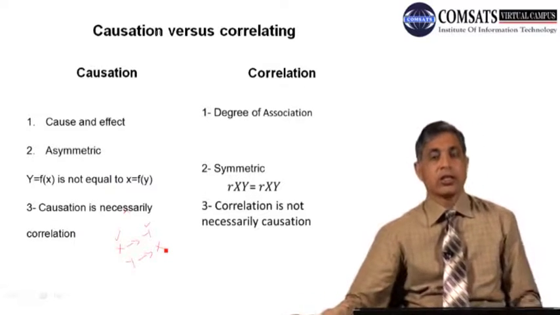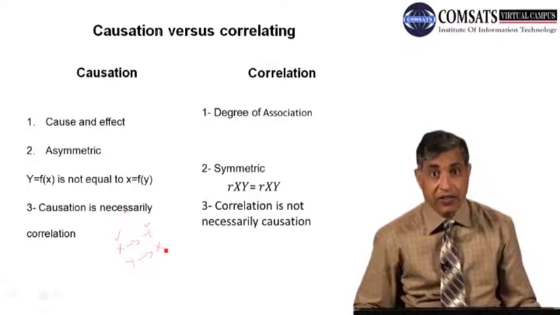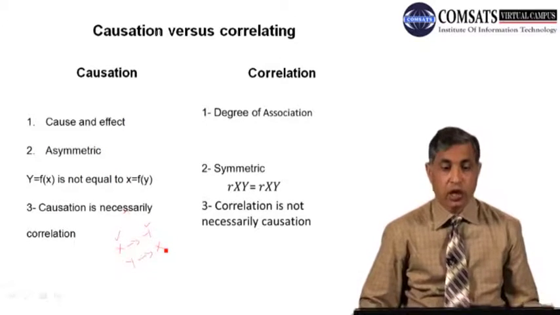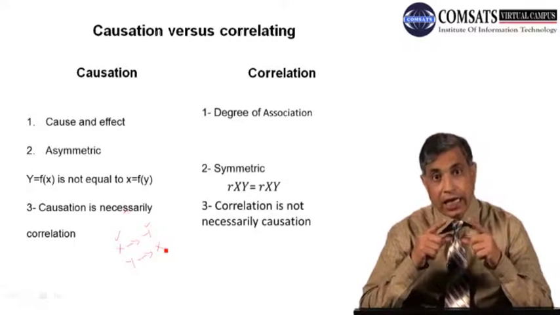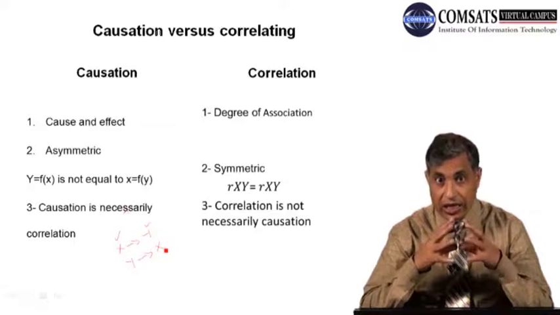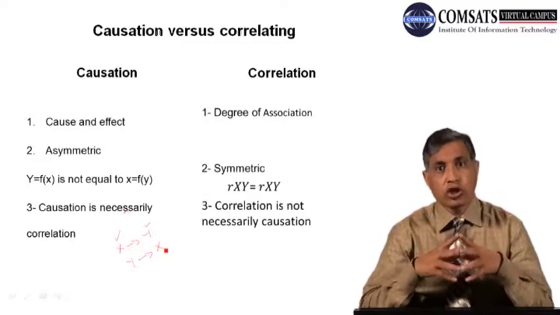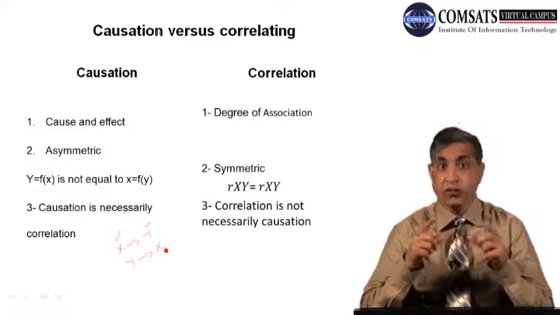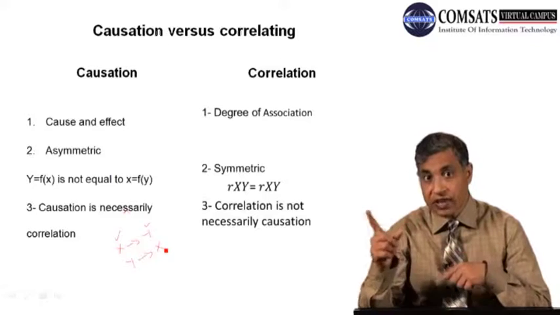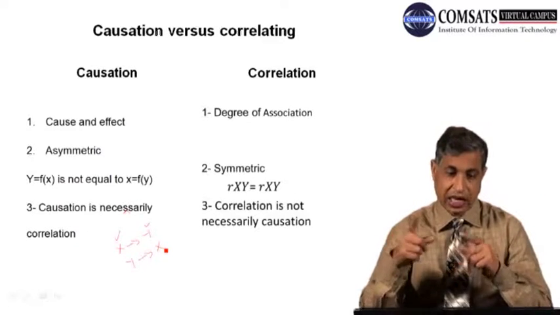But in the correlation coefficient, you know that the arranging of the variables doesn't matter. So the first difference is, in causation we are concerned with the cause and effect of the variables, but in correlation we are measuring just the degree of association. We can't say in correlation whether x is causing y or y is causing x.